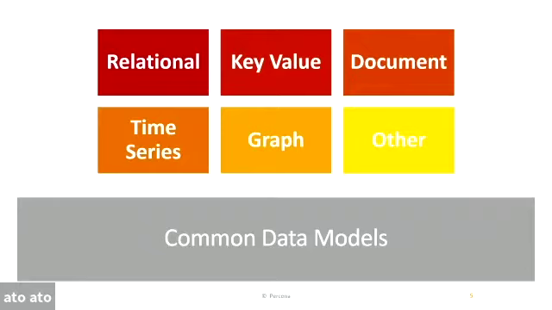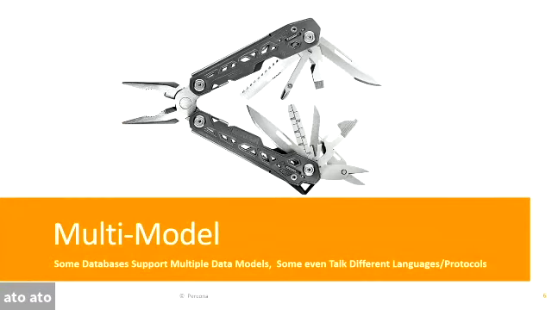What I think is also very interesting, what has been going on with databases recently, is that we also have databases which are called multimodal databases, right? That means you can take the same database and use it with multiple types or even different data model types, right?